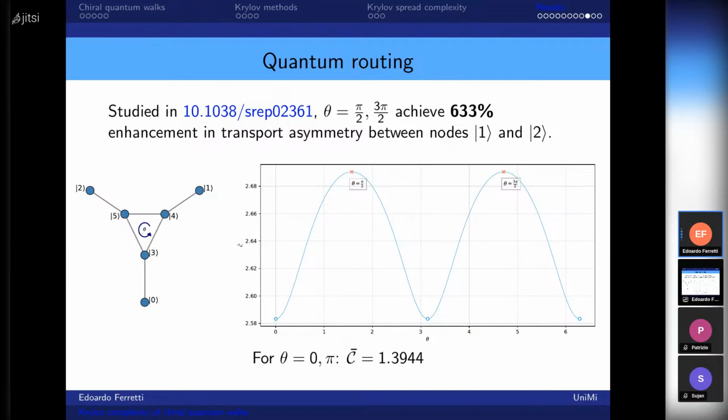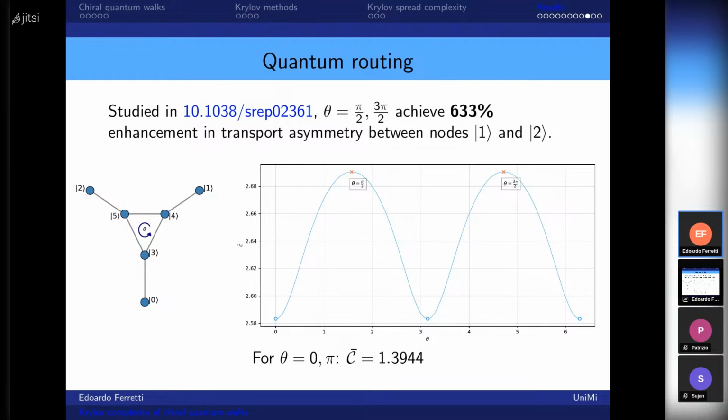If the Hamiltonian is real, this graph has reflection symmetry. So the probability of going left to 2 and the probability of going right to 1, starting from 0, is the same. So if you want, for example, to direct some information from 0 to 1 or to 2, that's why it's called a router, you can never do it with more than 1/2 of probability.